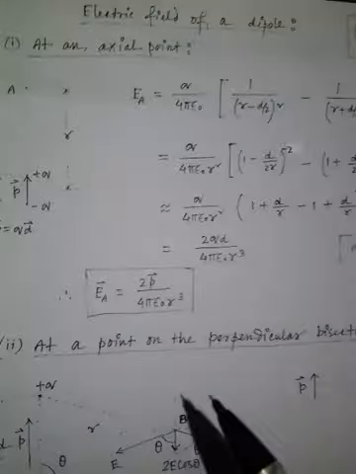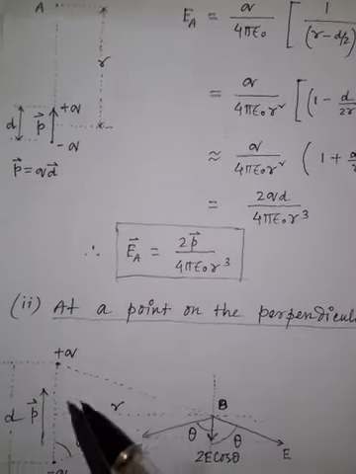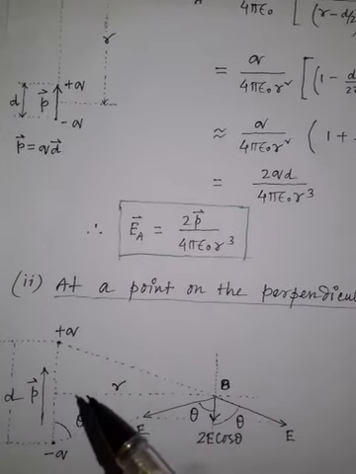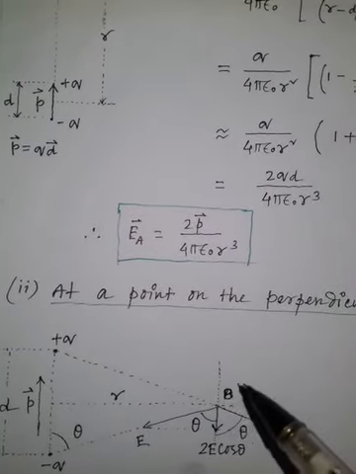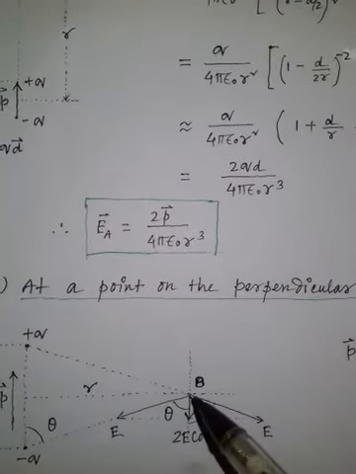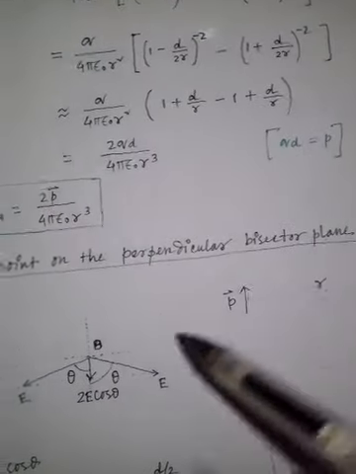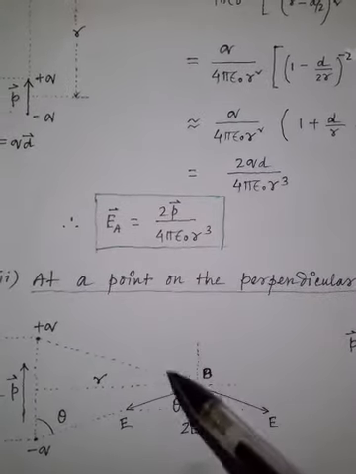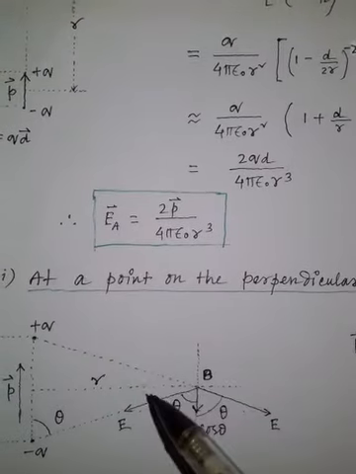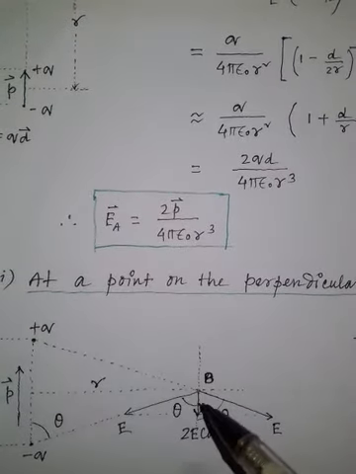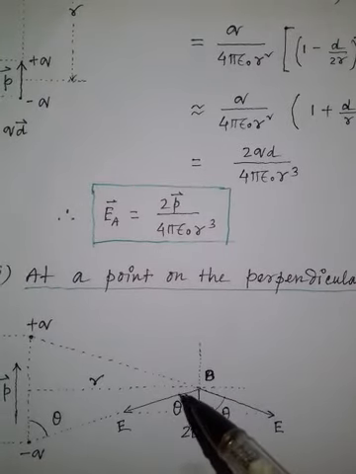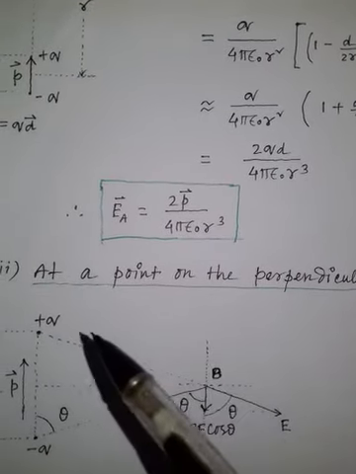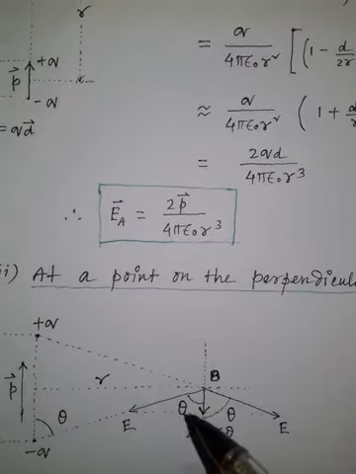Next, now we will find out the electric field produced by P at this point, which is on the perpendicular bisector plane. Like before, here also we will consider the two fields produced by the two charges separately.